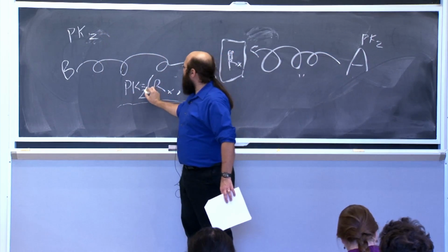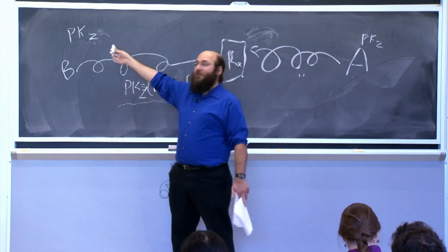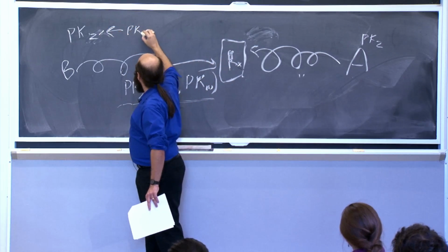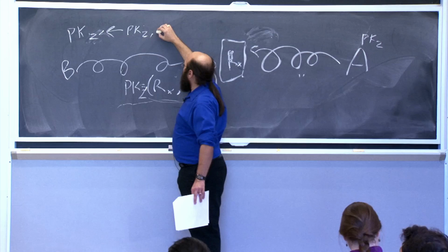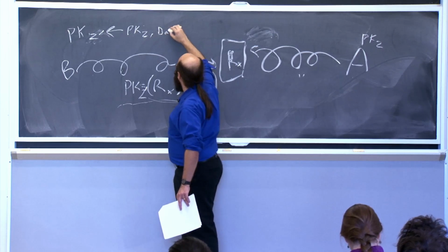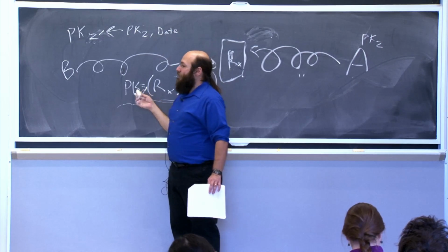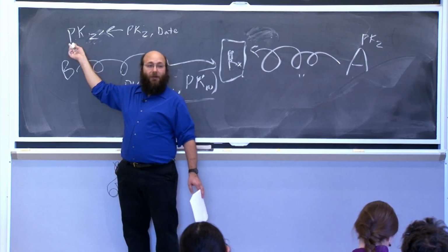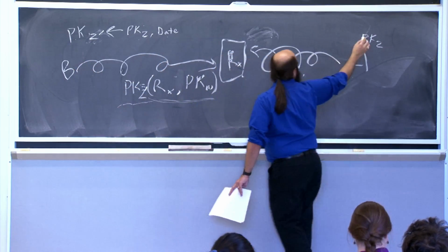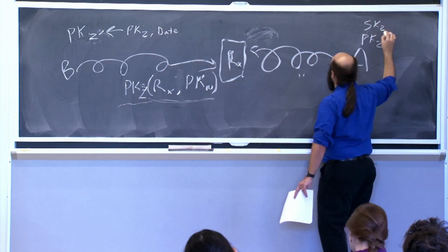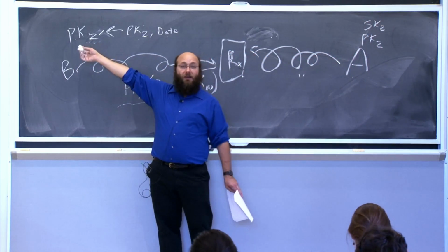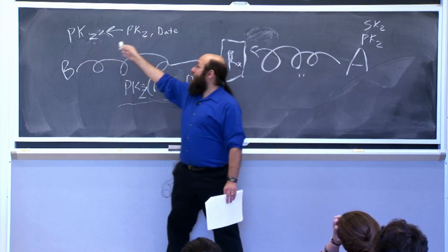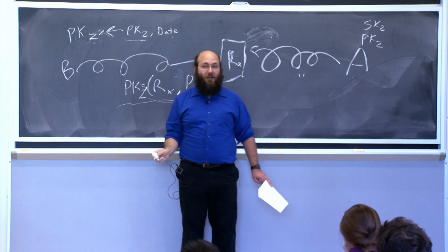This statement is signed with PKZ prime, where PKZ prime is derived from PKZ and say the date, such that if you know PKZ and the date, you can derive PKZ prime. If, like Alice, you know secret KZ, you can generate messages that are signed by PKZ prime. But if you only see PKZ prime, even knowing the date, you cannot rederive PKZ.